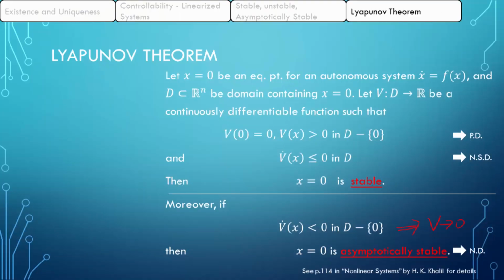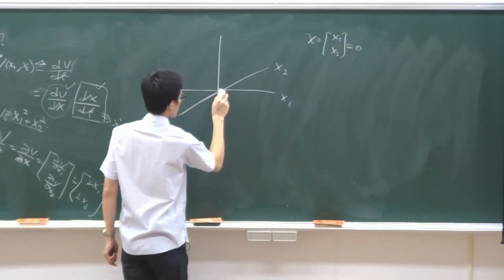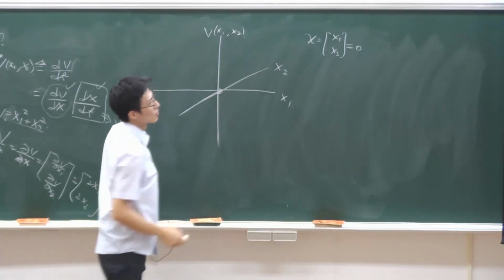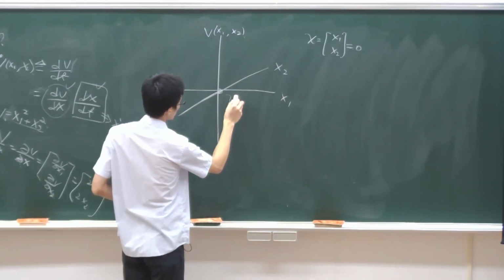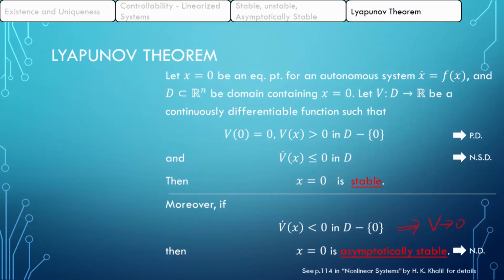This is Lyapunov functions, Lyapunov theory. Okay, so it says let x equal to 0 be an equilibrium point for an autonomous system.